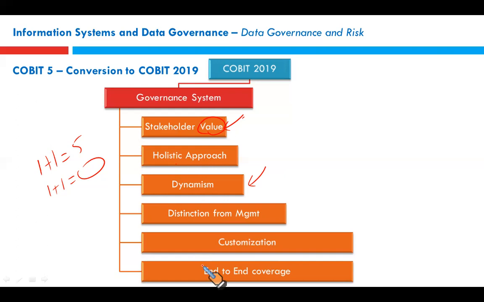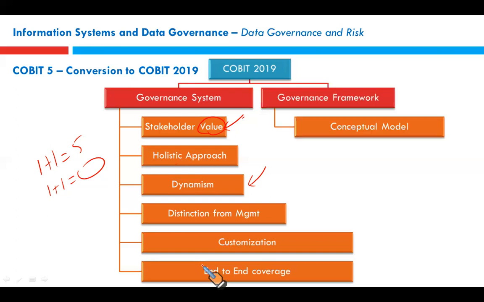And then finally, the second leg of COBIT 2019 is governance framework. Governance system, basically, it's a set of rules, practices, processes that will help an organization to achieve its objectives. How we regulate an entity. How do we structure it so that the organization goals are achieved?